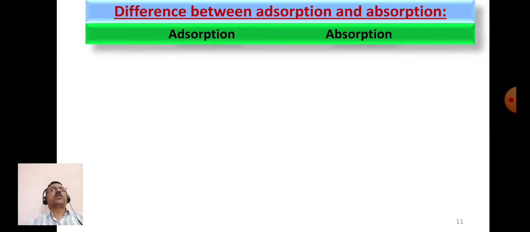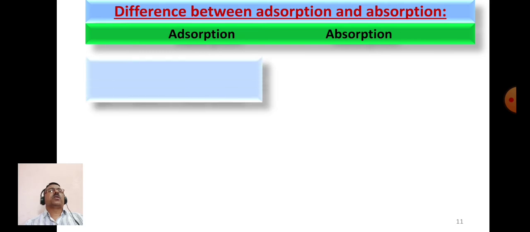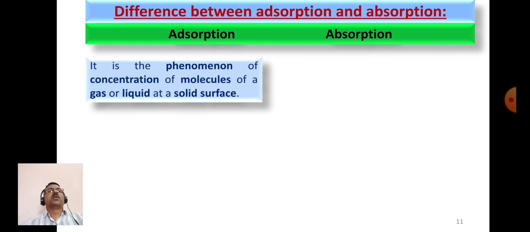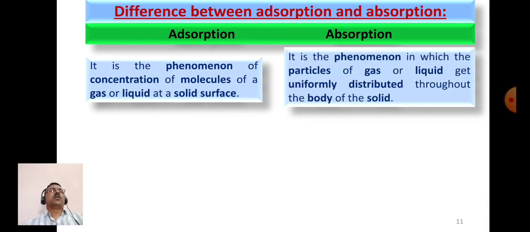Now the next point is the difference between adsorption and absorption. Here we have to distinguish between adsorption and absorption. The first point: adsorption is the phenomenon of concentration or accumulation of molecules of gas or liquid at a solid surface, whereas absorption is the phenomenon in which the particles of gas or liquid get uniformly distributed throughout the body of the solid.